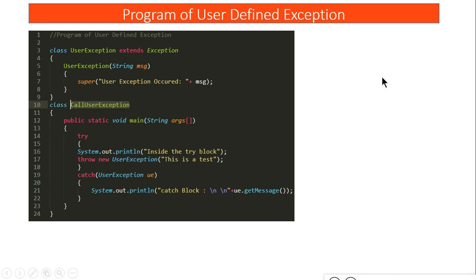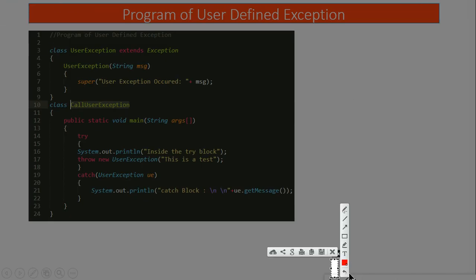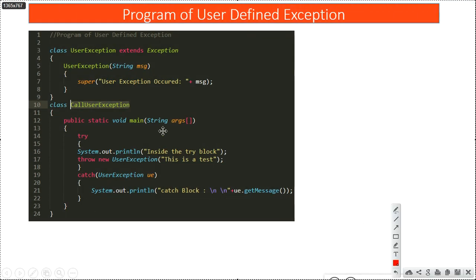Here I have created an exception which inherits the exception class, and this exception has a constructor with a string parameter, and in the super I am calling the base class constructor and passing this message to it.